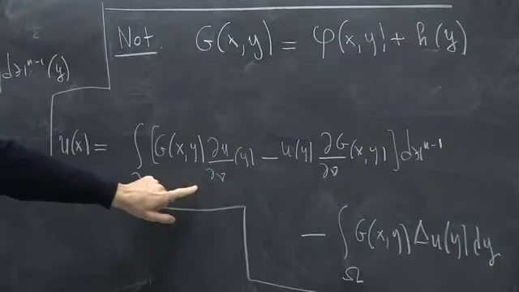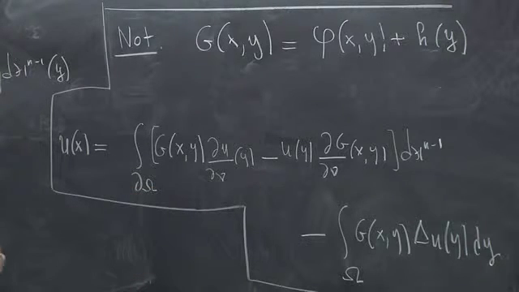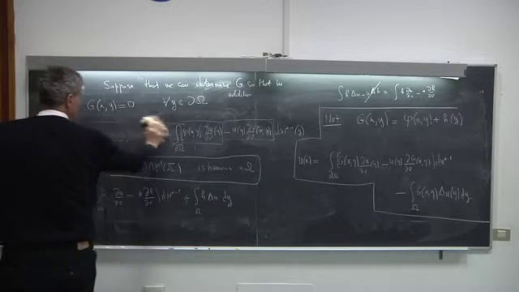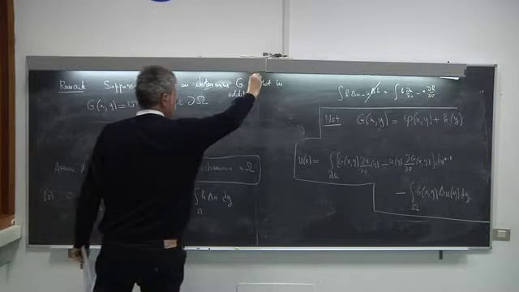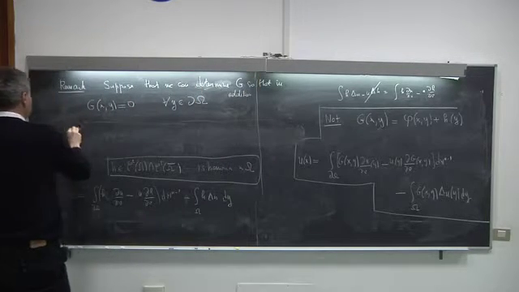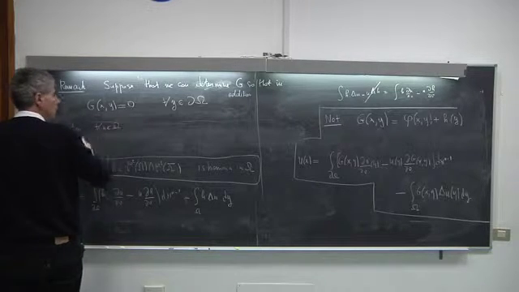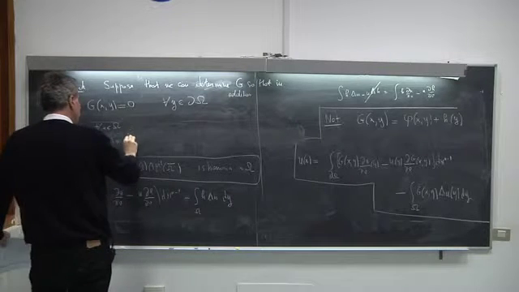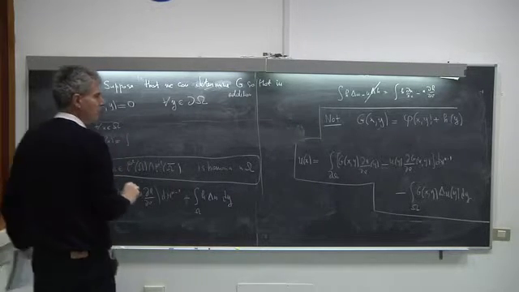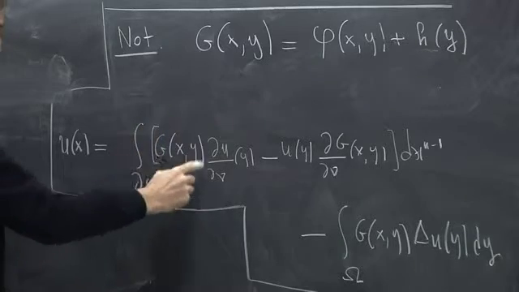then I look to my representation formula. And so I have then, for any x in omega, u of x is equal to the integral. Now G, here you see, y is on the boundary, and this is 0.